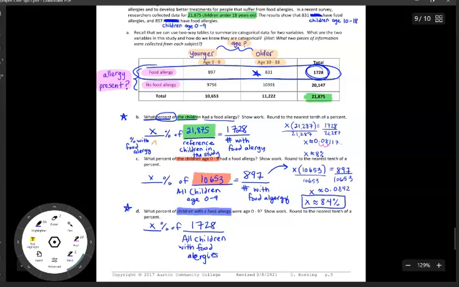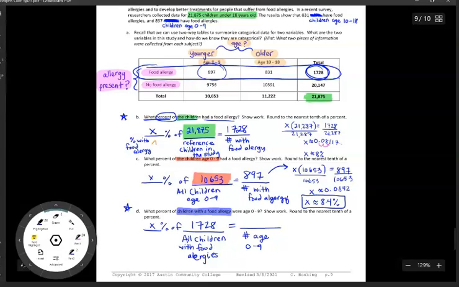Okay, so what percent of those 1,728 children with food allergies were in the younger age group? So I need the number that were age 0 to 9. So again, everyone in this row, they're split up to younger versus older, and we're going to focus in just on those younger children in that food allergy row. So that's going to be the 897.